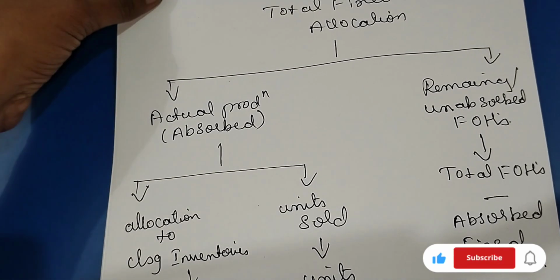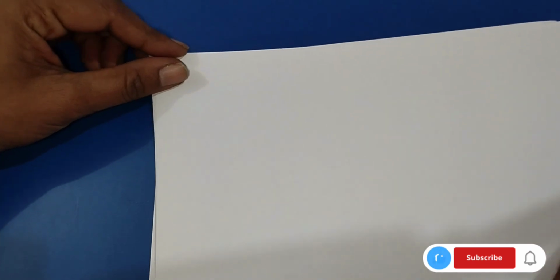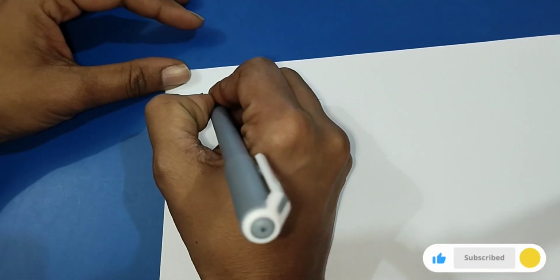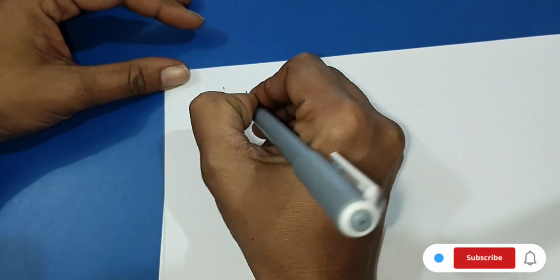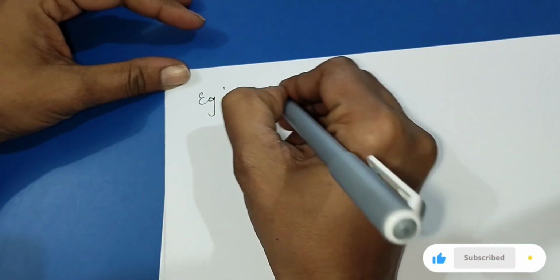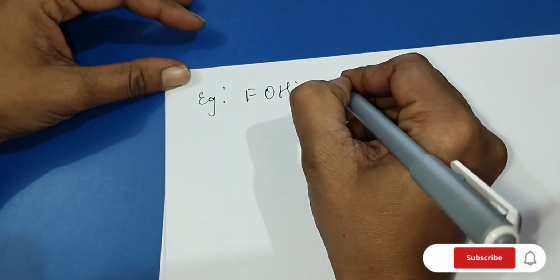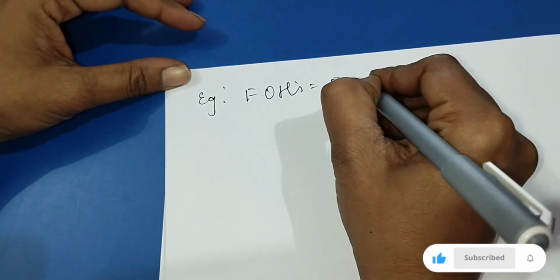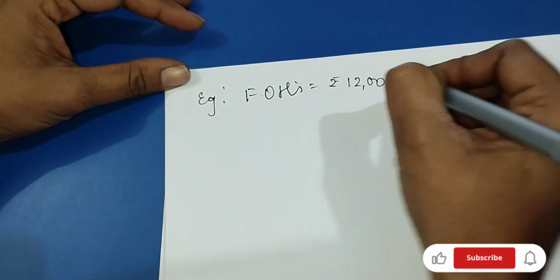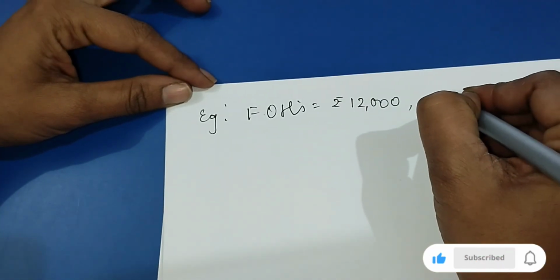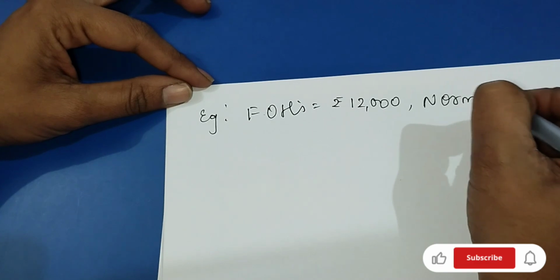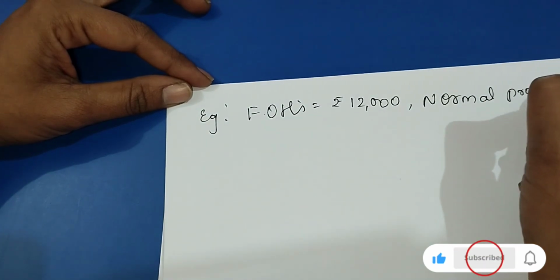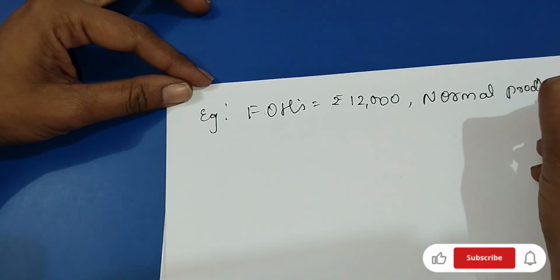Let us understand this with an example. Okay, how we are allocating. Now we'll take an example. So fixed overheads ಬಂದು fixed overhead is rupees 12,000 ಇದೆ. ನಾರ್ಮಲ್ ಪ್ರೊಡಕ್ಷನ್ 500 units ಇದೆ.